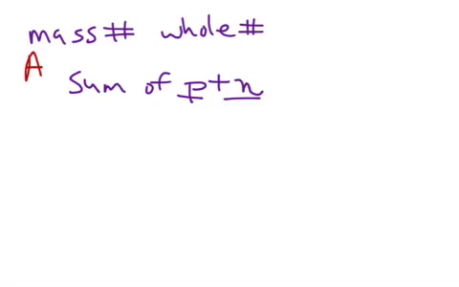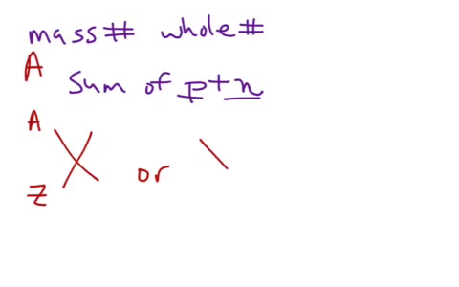There are 3 different ways that you can communicate that something is an isotope. One way is to write the element symbol, we'll just call it generically X, and then put the mass number in the upper left hand corner, and the atomic number in the bottom left hand corner.